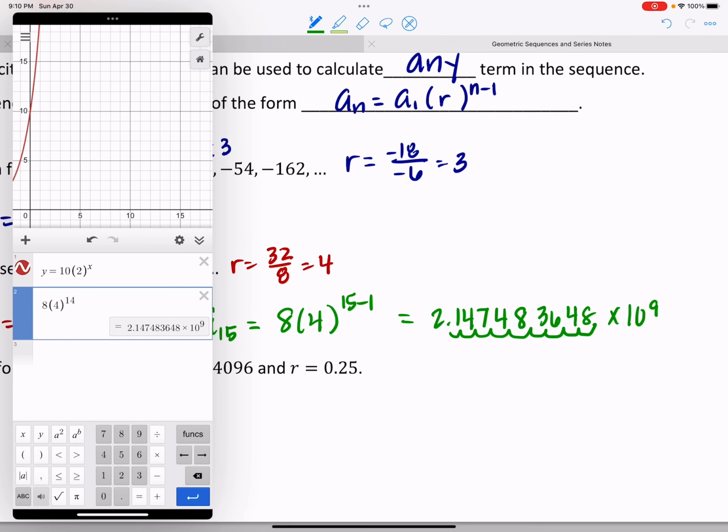Like, I don't know why it puts all those digits there and then says multiply by 10 to the 9th instead of just giving me the number without the scientific notation. It's kind of silly, but that's all it means. If this had been a negative exponent, then I would have moved the decimal to the left. Because it's positive, I move the decimal to the right, the number of places that power indicates.